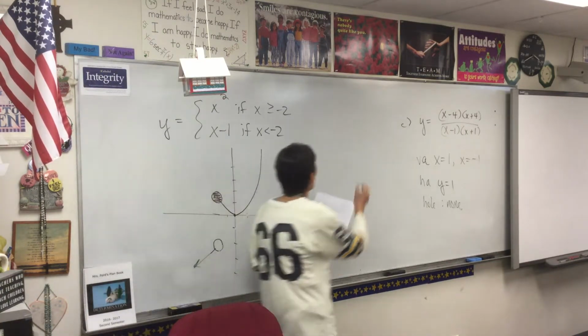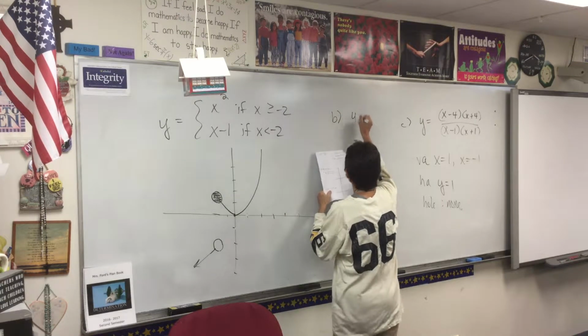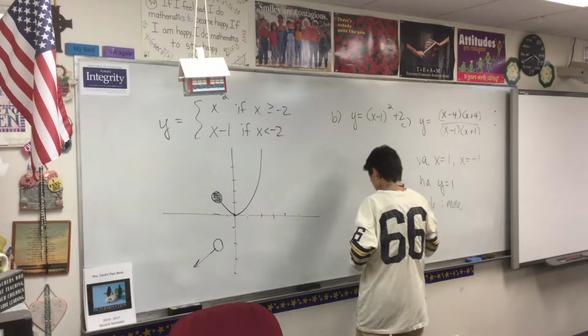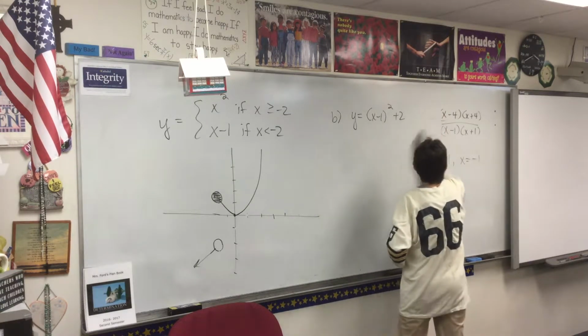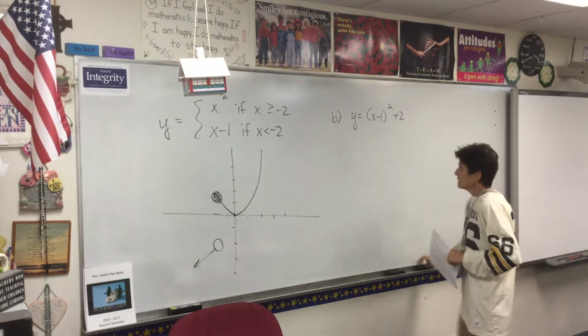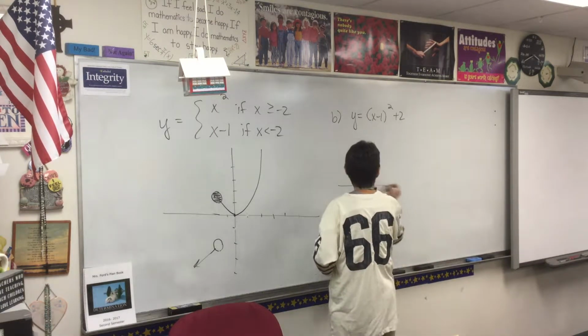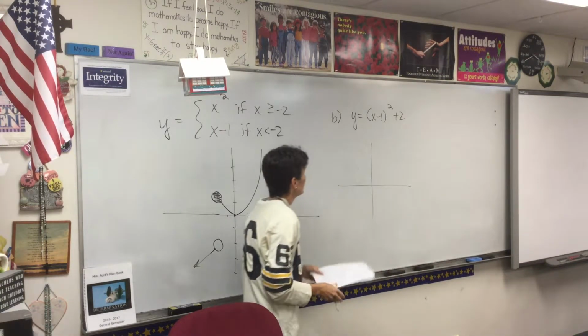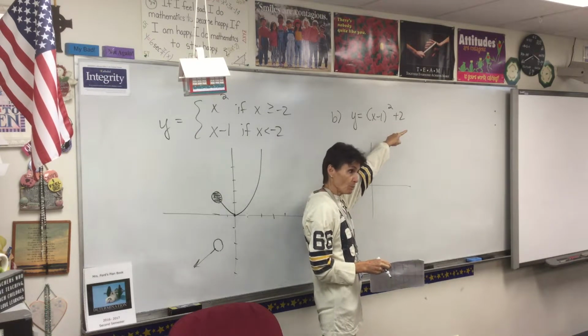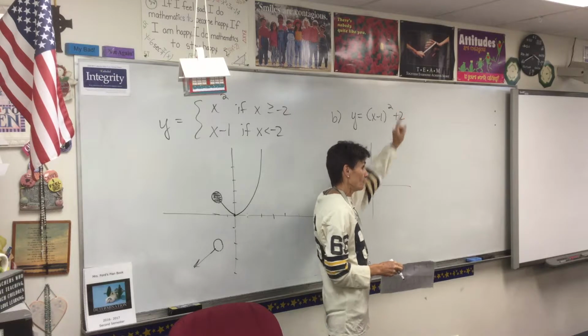All right, V. All right, these are a little bit easier. What shape? Parabola. The difference is it's not vertex at the origin. It's been shifted right 1 and up 2.